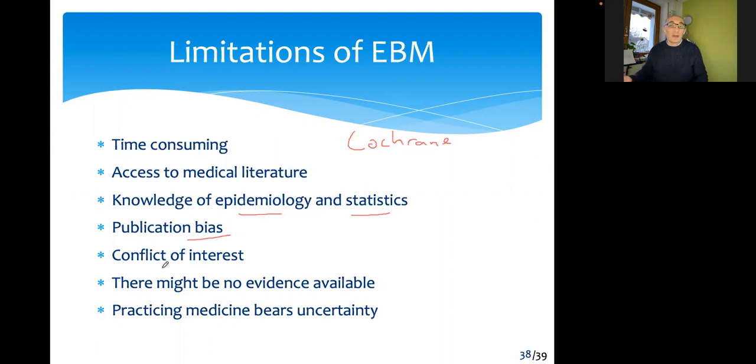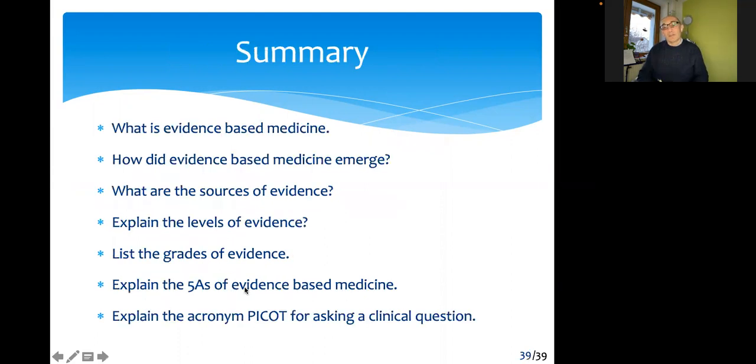They are supported by some organizations which have economic interest in selling a product. And therefore, we have to be very careful what kind of evidence we are looking at. If there is a conflict of interest, we should stop reviewing it. Then there might be the case of no evidence available, and it is always with uncertainty. Even if you have the best evidence, there will be some uncertainty.